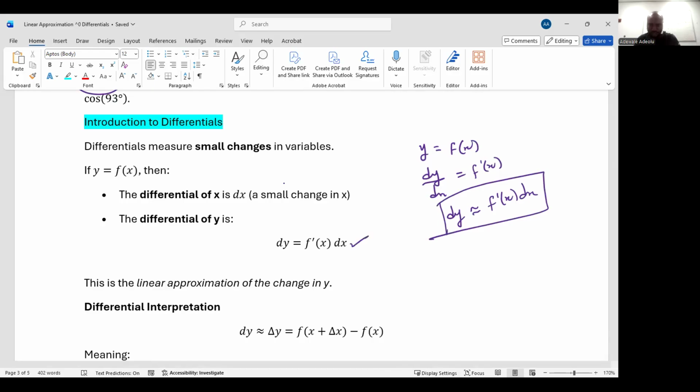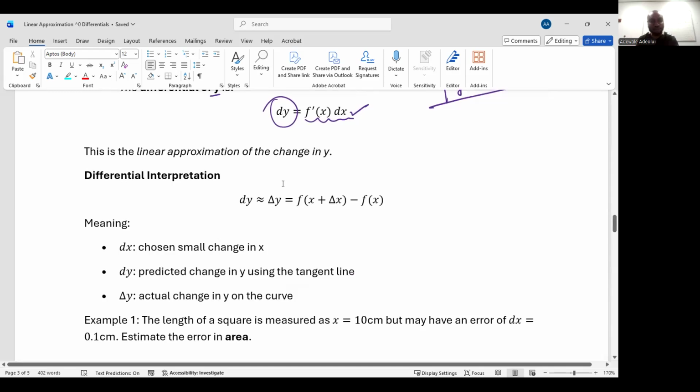That is where I derive this. We say the differential of x is this dx, which is a small change in x. And the differential of y is this dy, which we can write this way. This is the linear approximation of the change in our y value. So we call this the estimated change in y value.